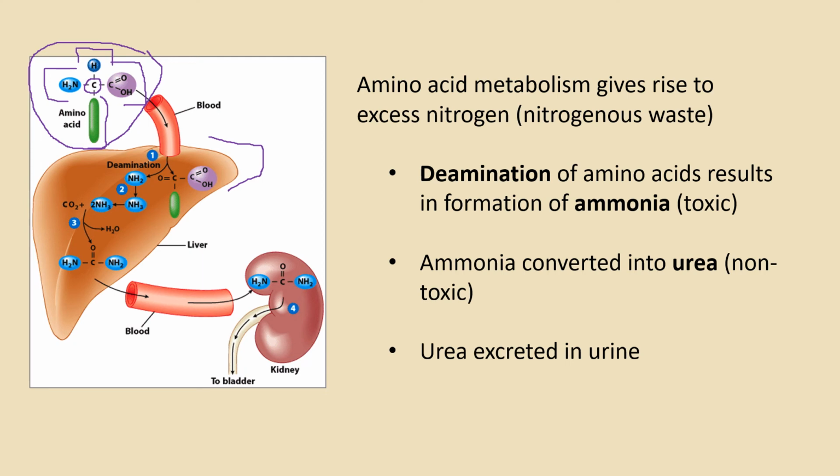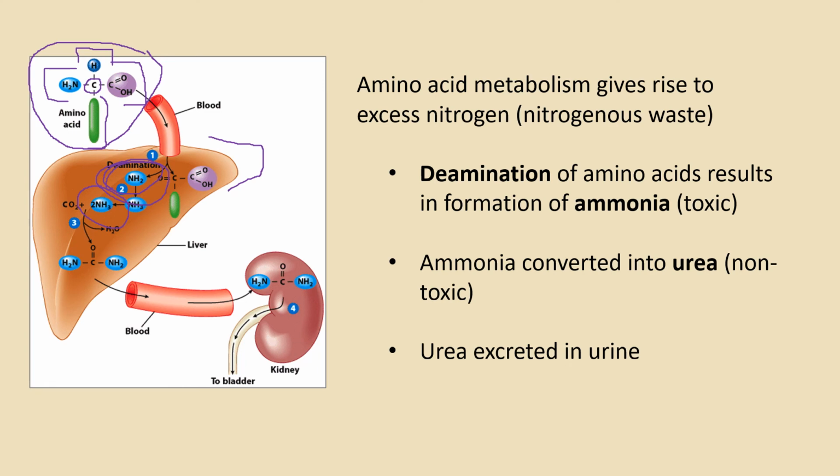So at point number 1 right here, we're starting with our regular amino acid and we're stripping this amino group off right here. And this amino group can very easily combine with another hydrogen ion to form, you know what this is? Ammonia. And ammonia is toxic. It's a strong base.